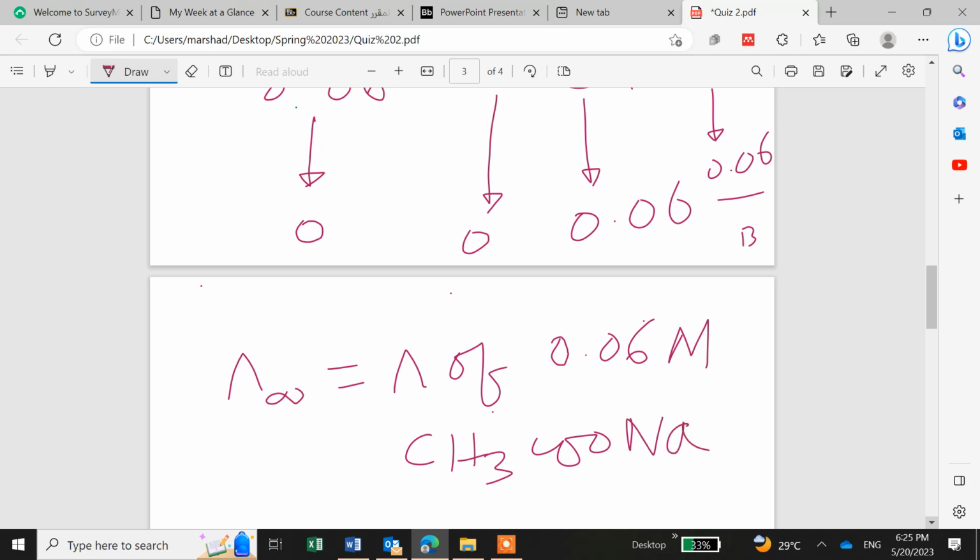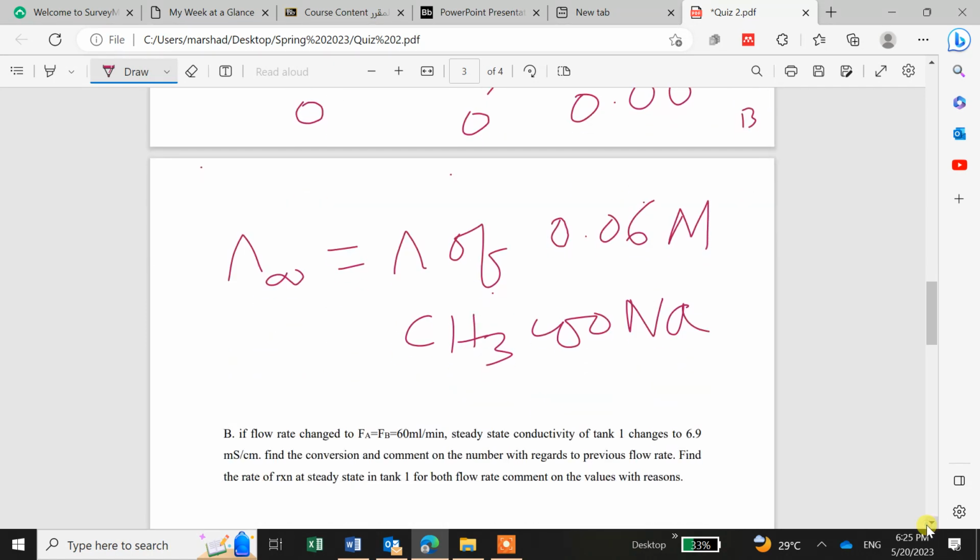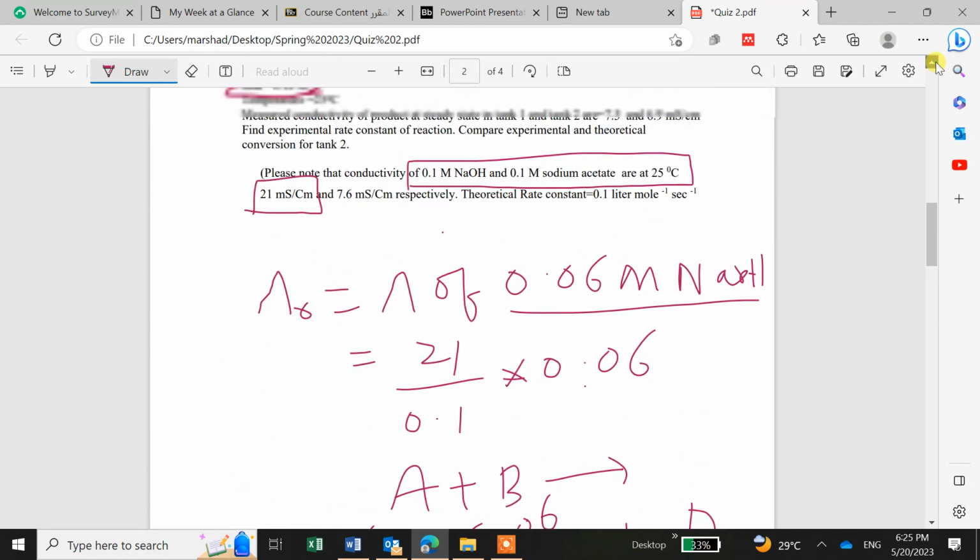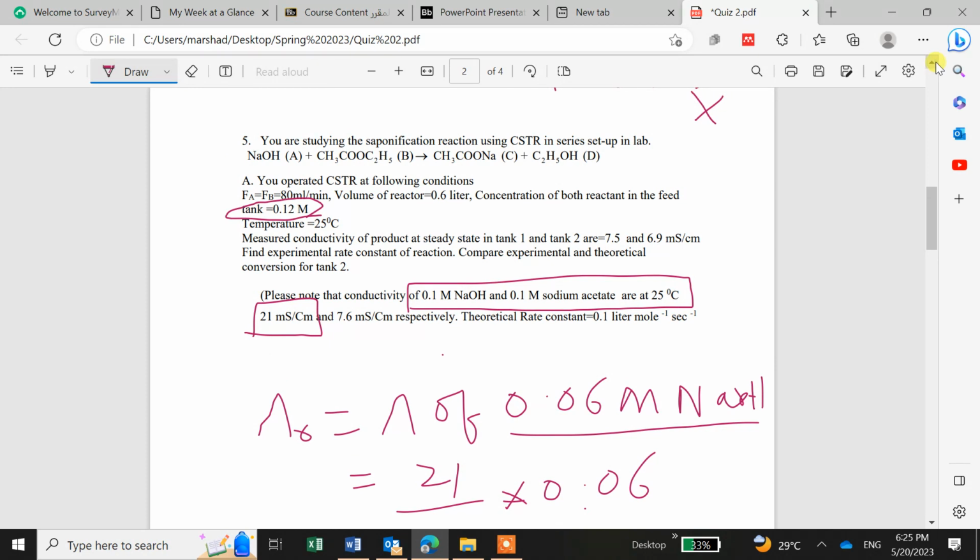Correlation for sodium acetate conductivity is given to you. Or you can find it using this value given. We know that conductivity and concentration are proportional. So 0.1 molar sodium acetate has conductivity 7.6 millisiemens.